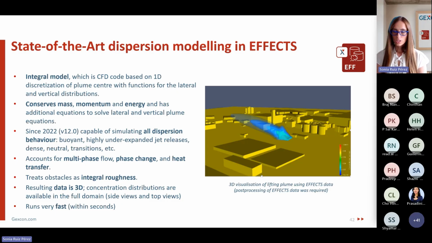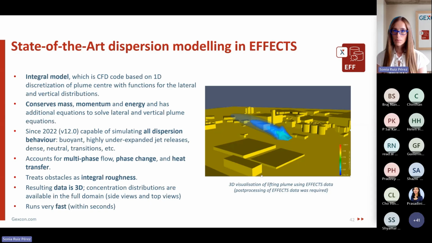It ensures conservation of mass, momentum, and energy with additional equations to handle lateral and vertical plume behavior. Since the release of EFFECTS and RISKCURVES version 12, at the end of 2022, the model can simulate all dispersion phenomena, automatically accounting for transitions between buoyant plumes, dense gas releases, and neutral gases.